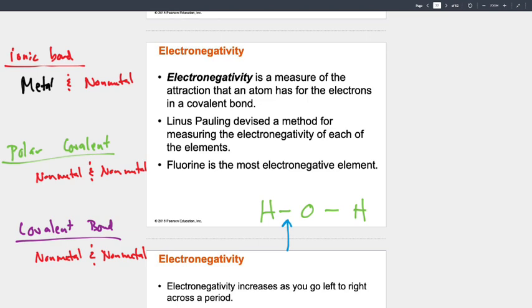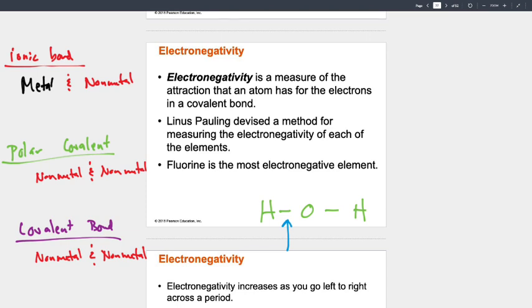Well, is there a thing that describes the ability for one atom to share electrons with another atom? Thank you for following the heavy hints. Electronegativity is by definition the ability for one atom to share electrons with another atom. In particular, it's how much an atom takes electrons from something else.